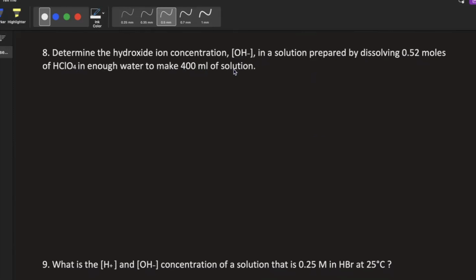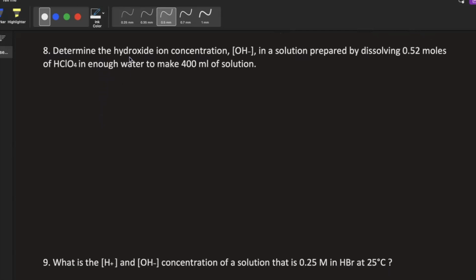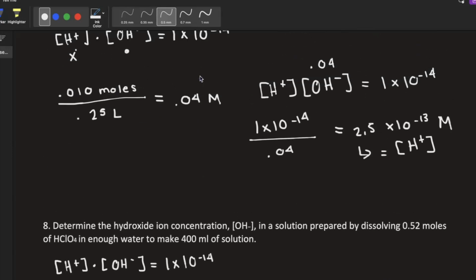So here, we're essentially going to do the same thing, but instead of finding the hydrogen ion concentration, we're going to find the hydroxide ion concentration. So first we write out that the hydrogen ion concentration times the hydroxide ion concentration is going to give us 1 times 10 to the negative 14th, just like we placed up here.